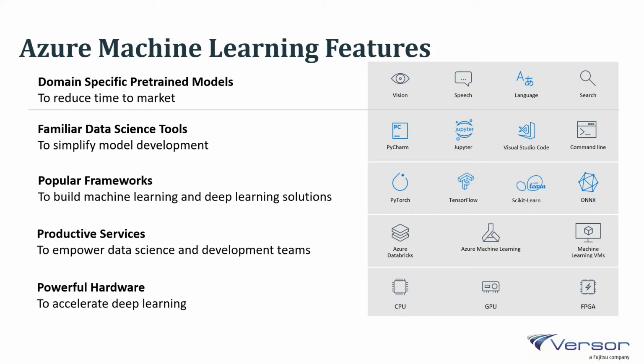So there are some features like domain-specific pre-trained models that are really captured outside of machine learning, and that's why that grey line is there.